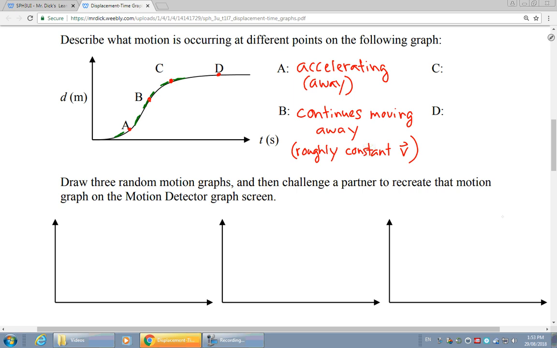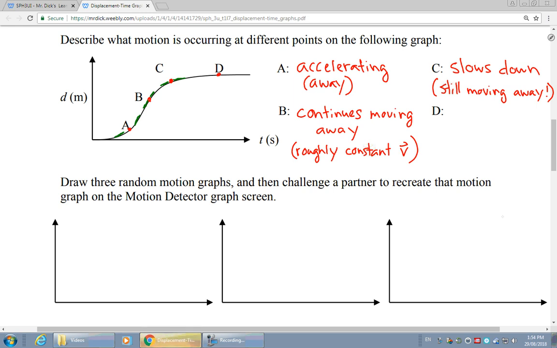It's actually slowing down. So it slows down, but all of the slopes are still positive. They haven't turned back and started to point downwards at all. They're just less steep. So it slows down, but it's still moving away. That's really important not to forget.